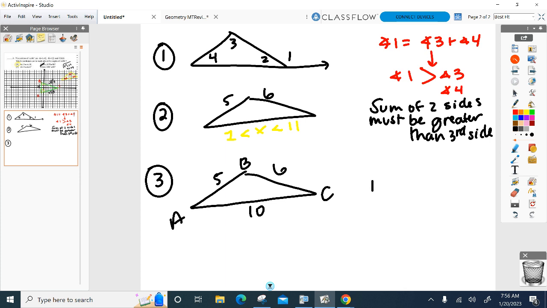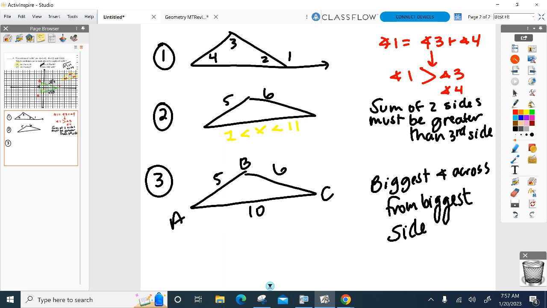Biggest angle across from the biggest side. And you could also substitute in the word smallest. All right, that's how I figure out where the biggest sides and angles are. And that's all I wanted to cover.